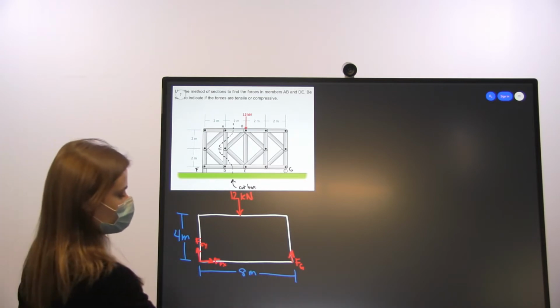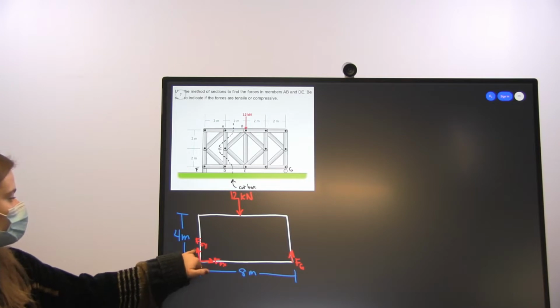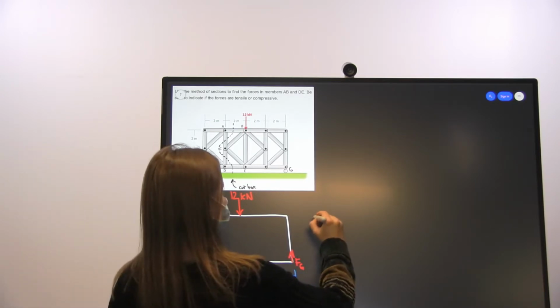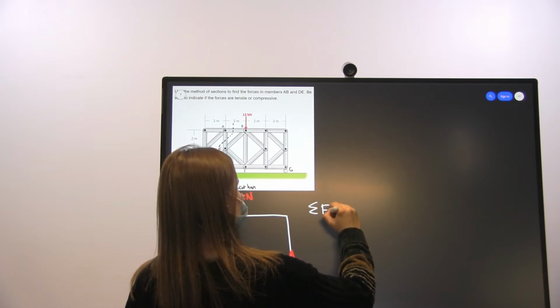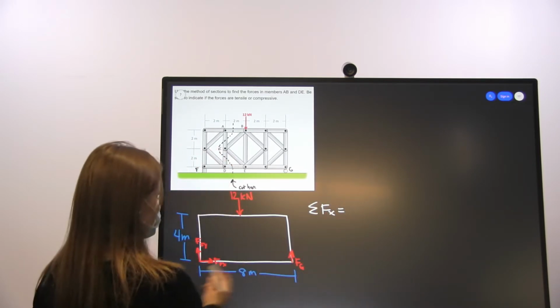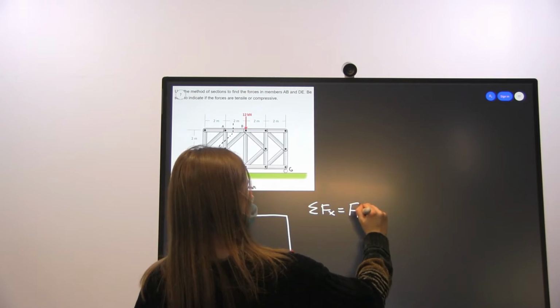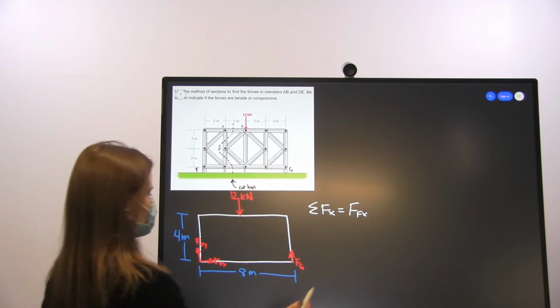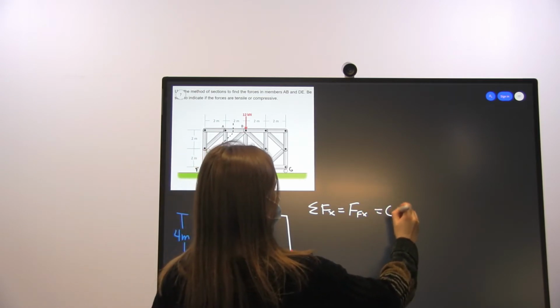So we're going to want to solve for our different reaction forces. What we're going to do is start with the net forces in the X direction, which is equal to force F in the X direction, and that is going to be equal to 0.